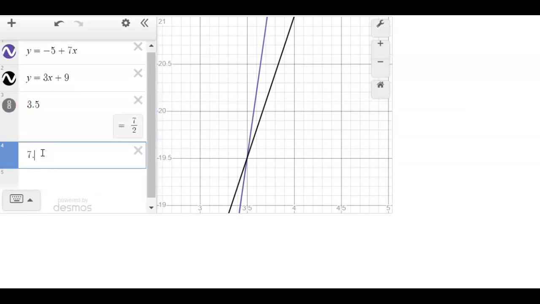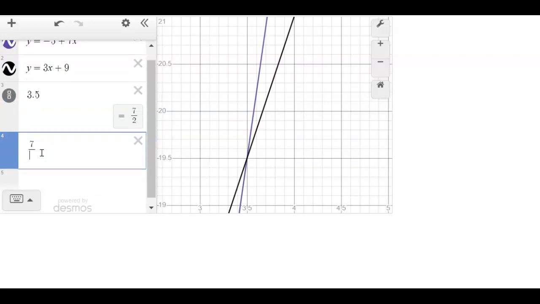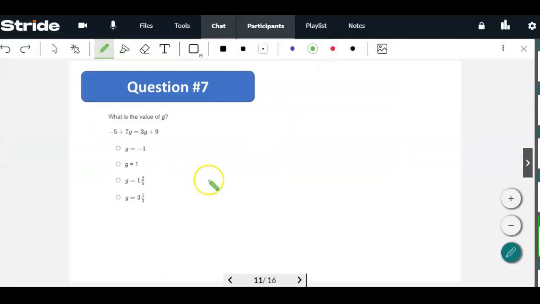I bet that's just going to change it back to a decimal. Yeah, so 3.5, 7 halves. So you'd have to figure out which one it is. It's going to be 3.5. So hopefully you know that. It came out to 3.5. The 0.5 is 1/2, or you can start with that's 5/10, which is 3.5.